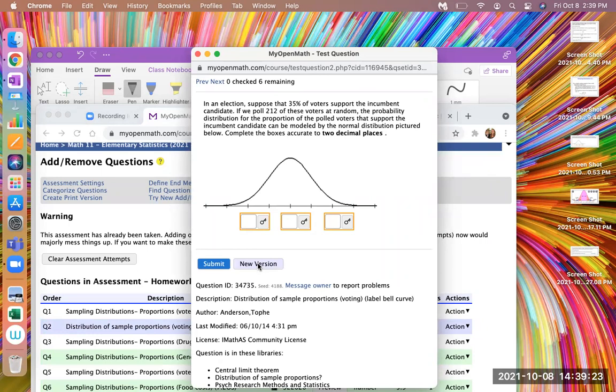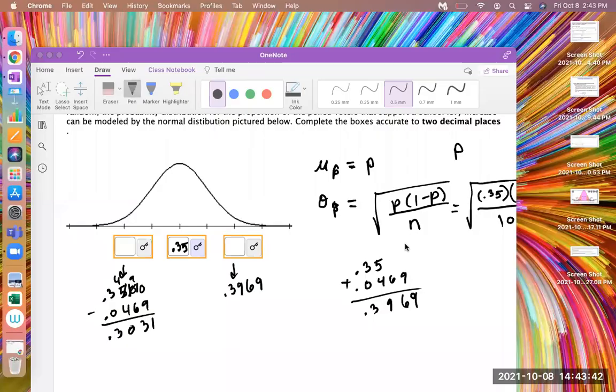I want the one that had 103. Let me see if I can get back to the one that had 103. Okay, so just so you know, they do want us to go 2 standard deviations, not 1 standard deviation. That's why this box is centered above this little tick mark here. So it's not 1 standard deviation like I thought it may have been, but it's actually 2.